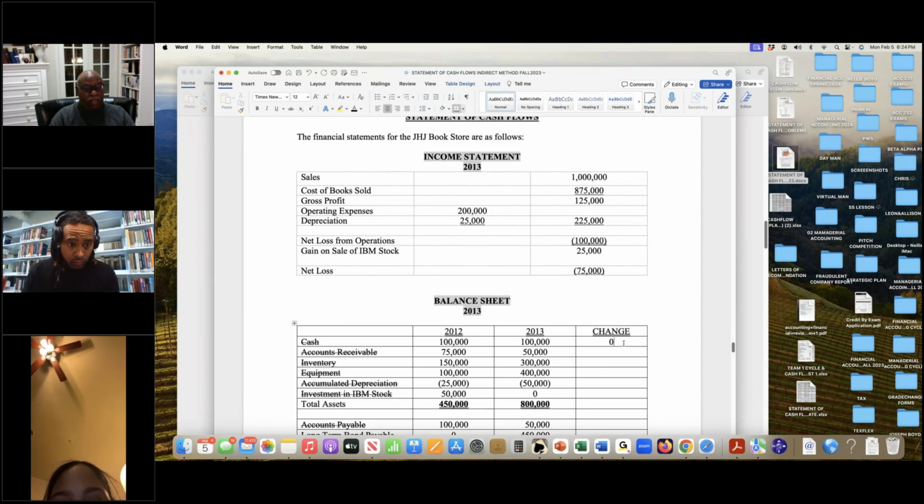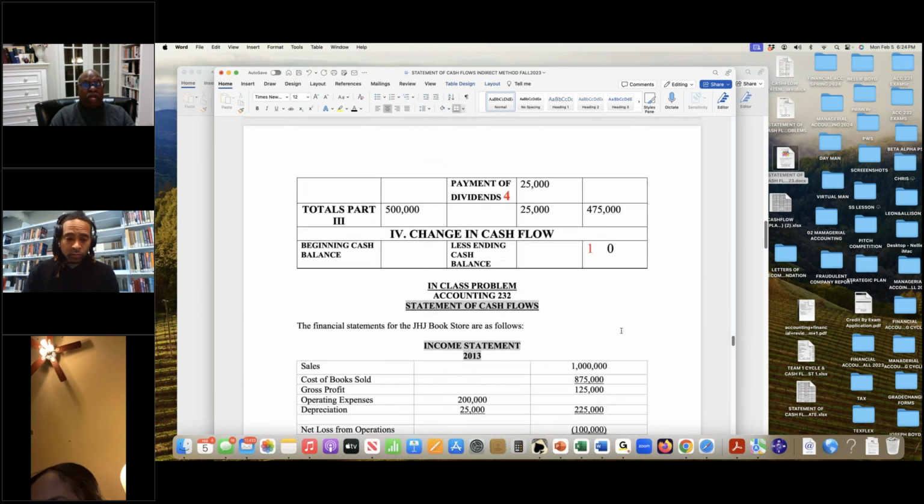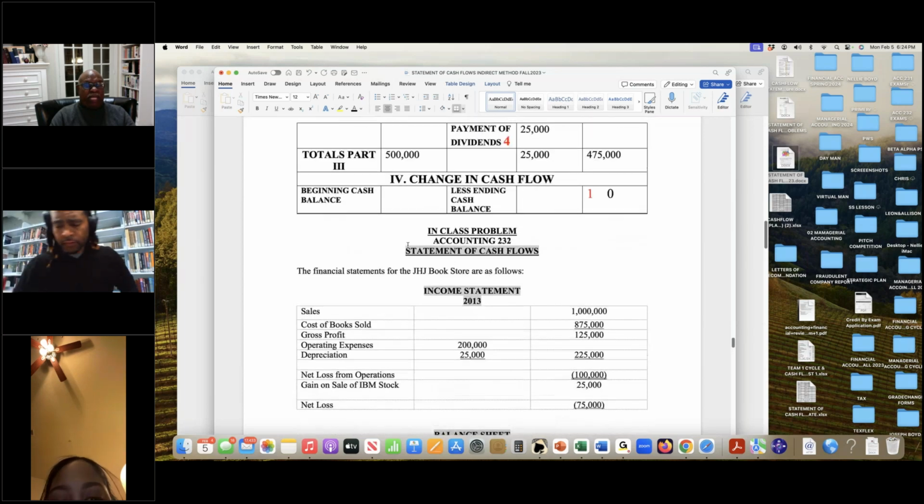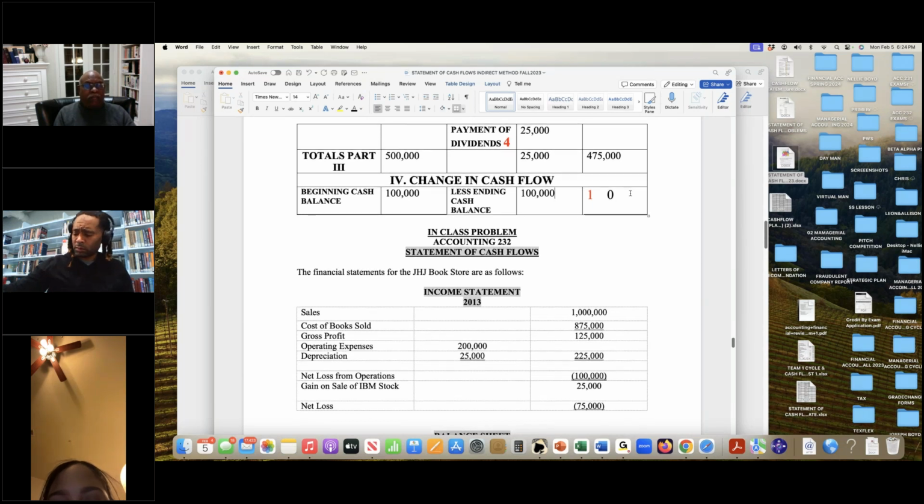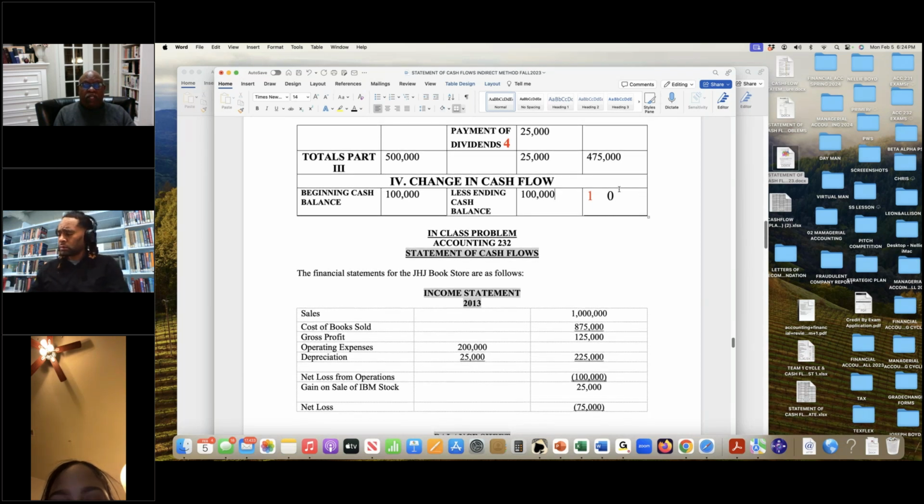So the first thing you do, you come to the balance sheet, see what the change in cash is, and you go and put that in here. In this case, beginning cash was 100,000, ending cash was 100,000. So the change is 0. That's the first thing you do, and that's the answer to the problem. Parts 1, 2, and 3 have got to come to zero.